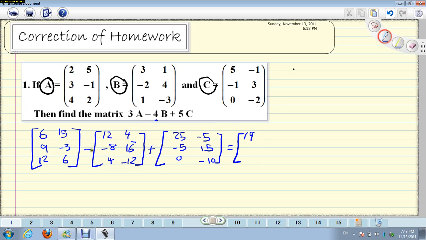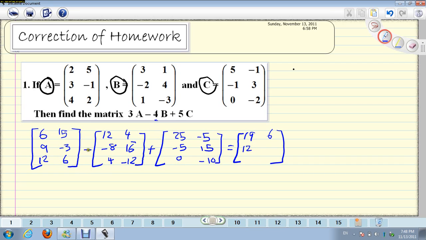Okay, and 15 minus 4 plus negative 5, the answer is 6. Okay, 9 minus negative 8, it's positive 17, plus negative 5, so the answer is 12.